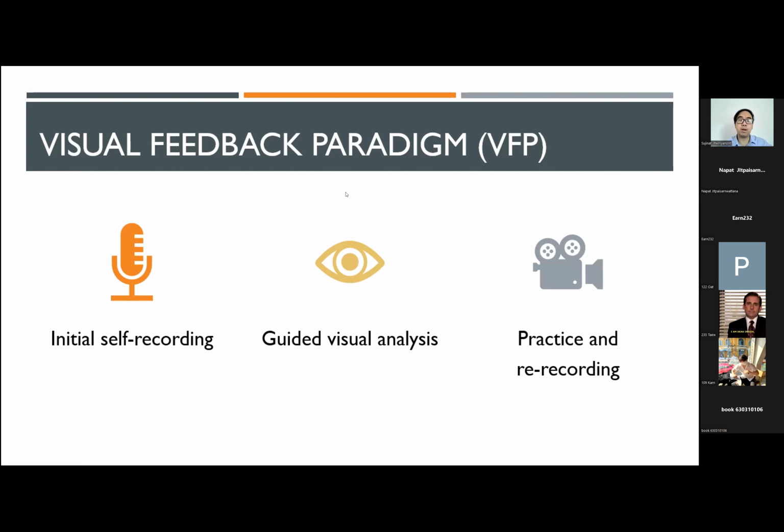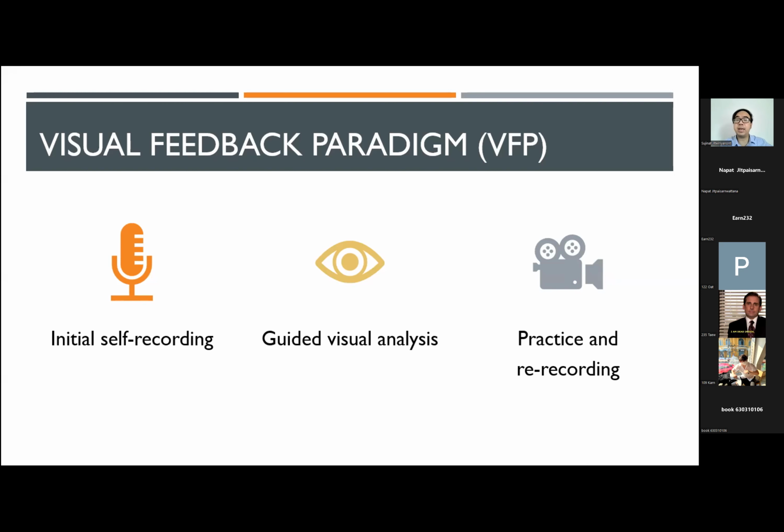You can start with an initial self-recording. You record your voice by yourself, and then the teacher can give you guided visual analysis: if you pronounce the sound correctly, how would it be visualized in a sound spectrogram?